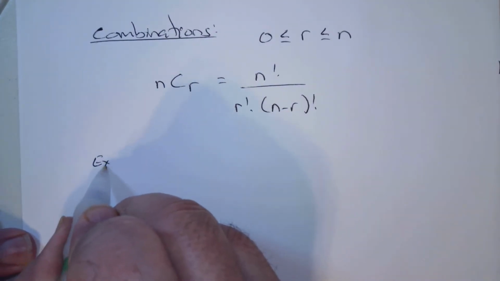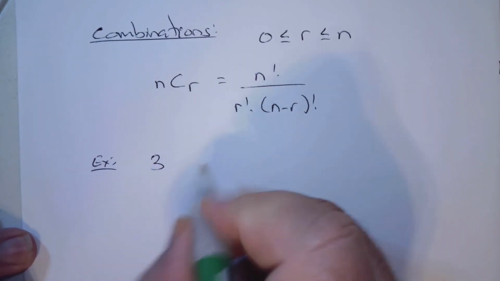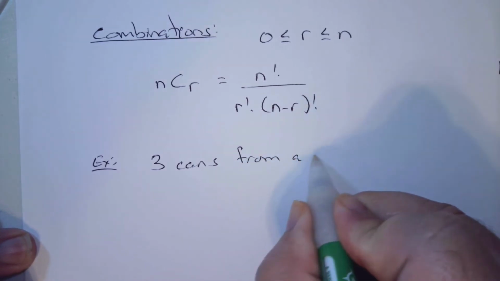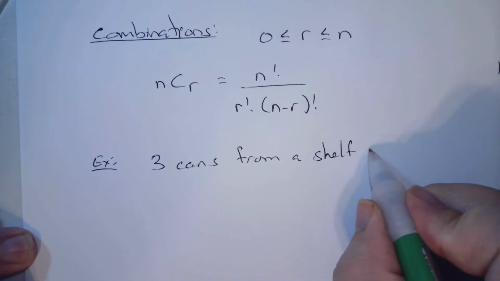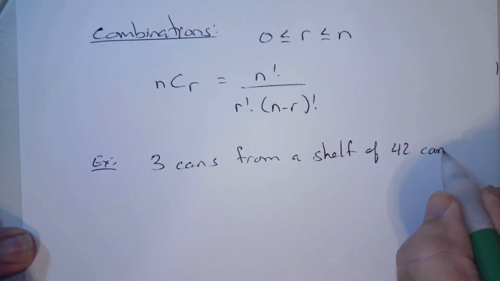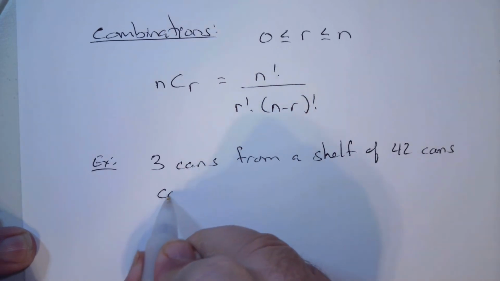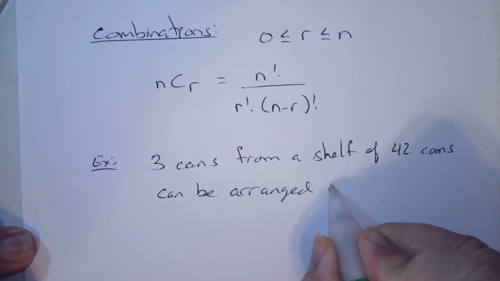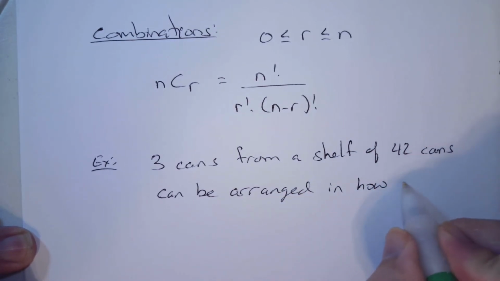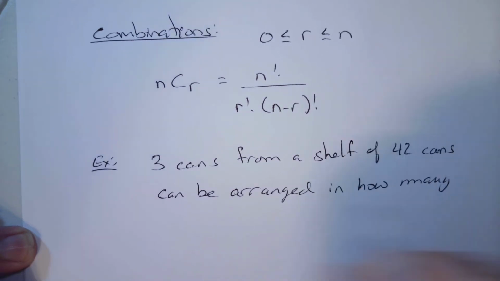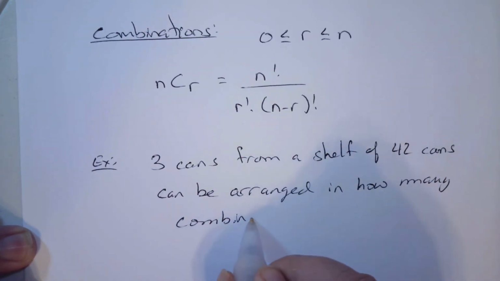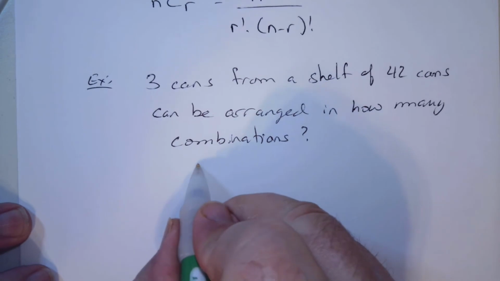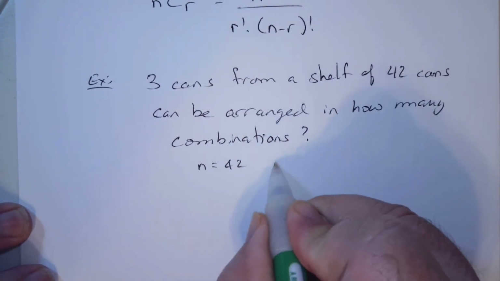So, for example, three cans from a shelf of 42 cans can be arranged in how many combinations? So n is always the bigger number, r is the smaller.